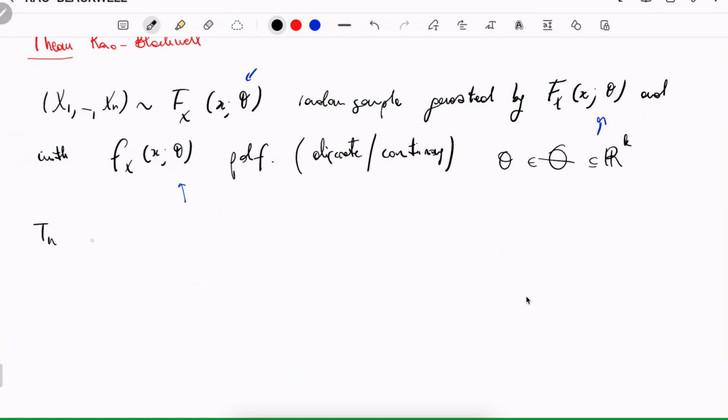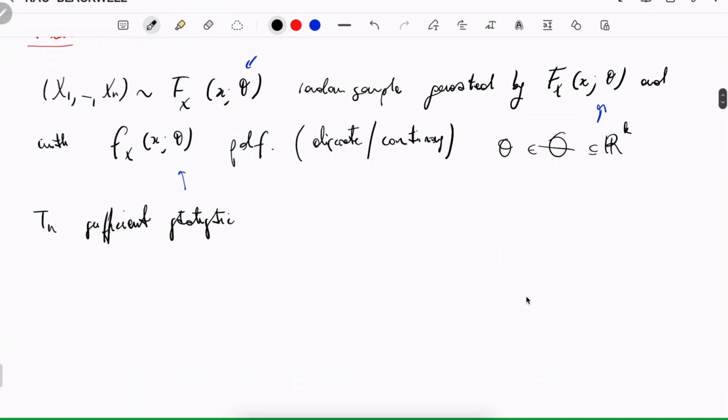What we need is a statistic that has to be a sufficient statistic. Instead of being hyper formal, let's just write what we need. Let me highlight it, some colors here and there.